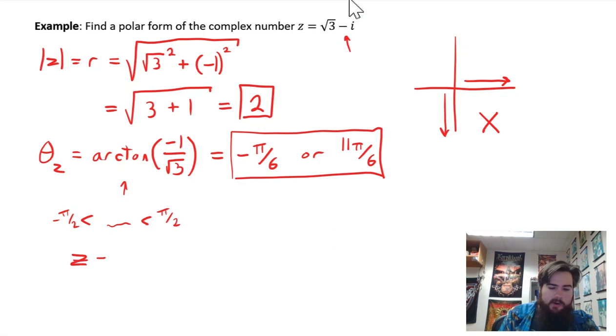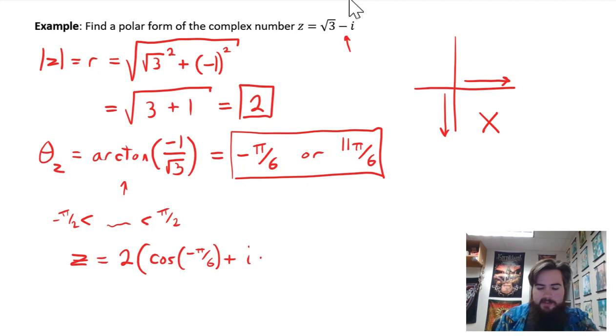To write then our polar form of the complex number, I'll write it both in expanded form, which would look like the modulus of 2 times cosine of our angle measure, -pi/6, plus i times sine of our angle measure, -pi/6.